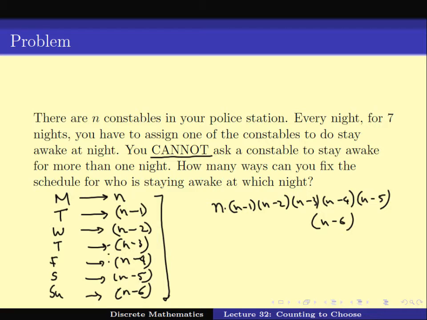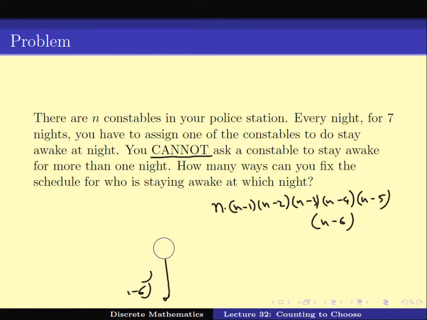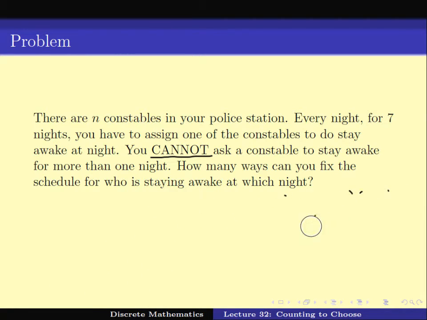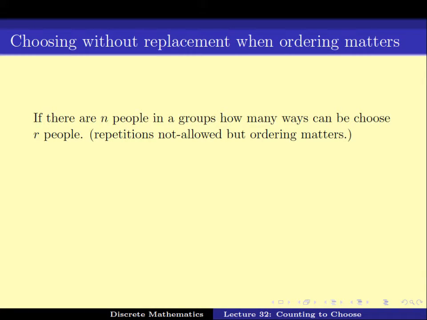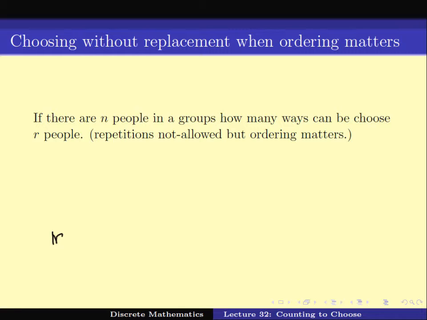Again, this can be formulated in a slightly more general setting. Namely, there are n people in a group, and how many ways can you choose r people without repetitions? Repetition is not allowed, but ordering matters. Meaning I have the positions P1, P2 till Pr.